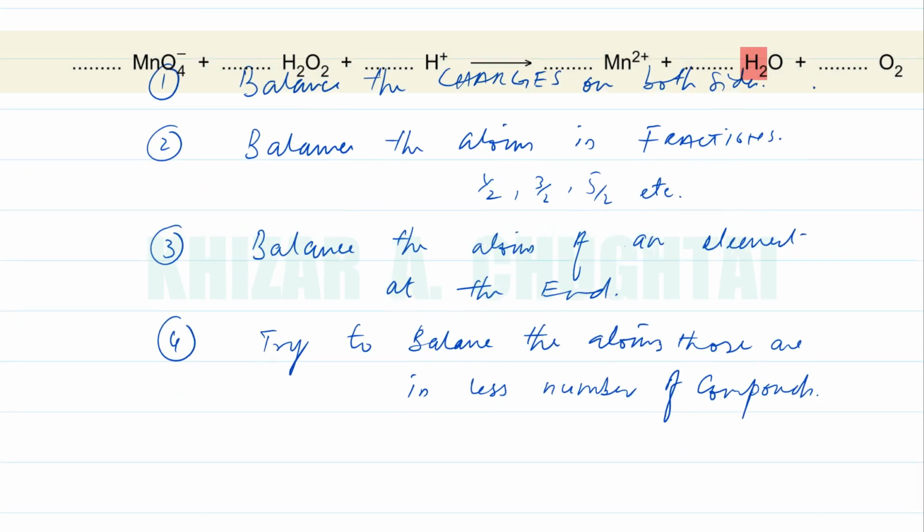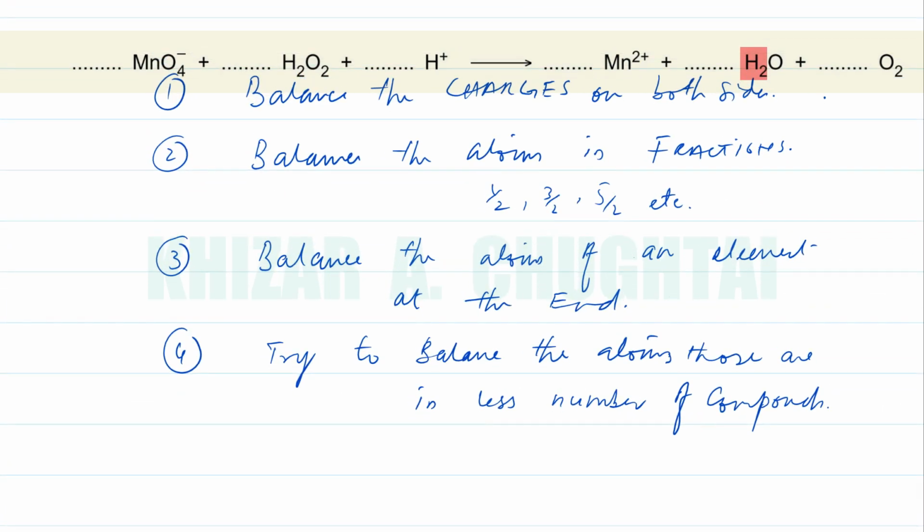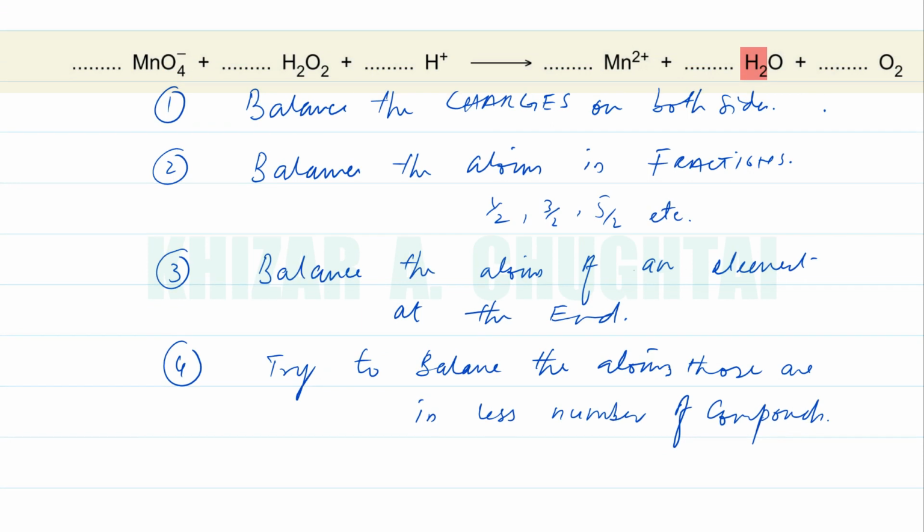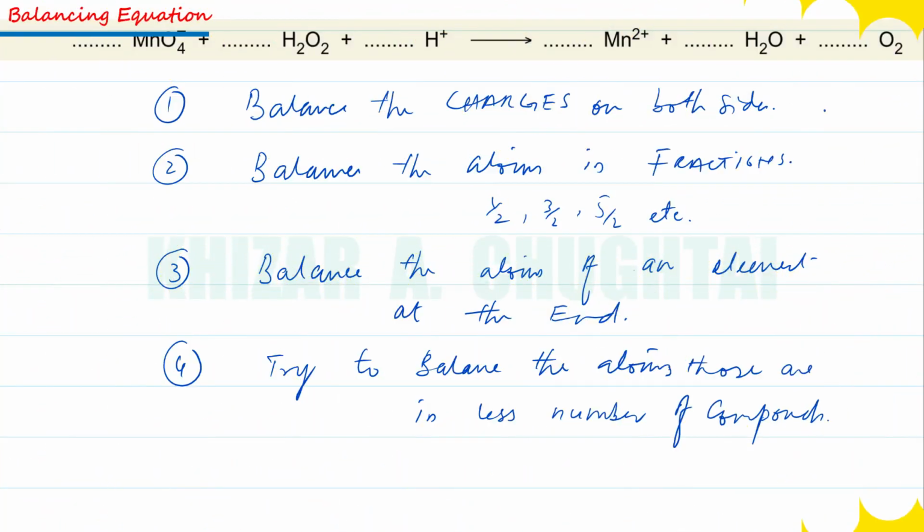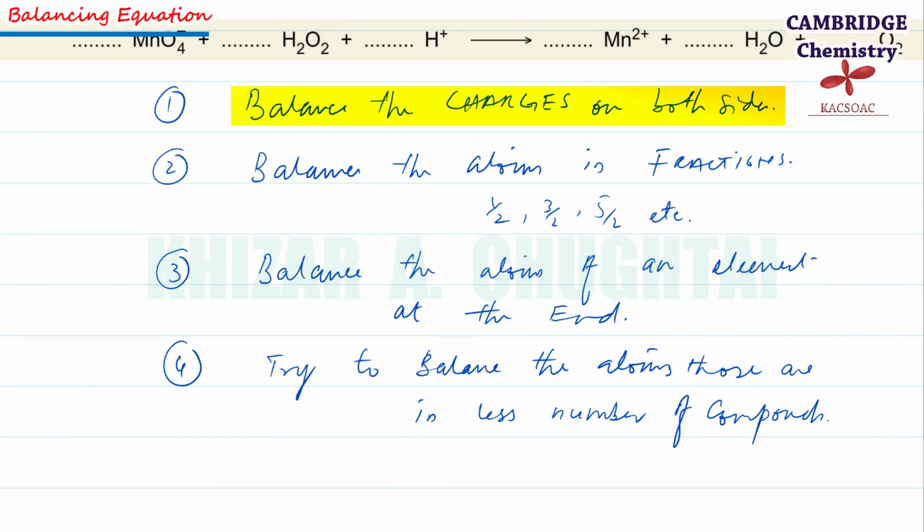So this is a very simple method that can be used to balance any sort of chemical equation from O-level chemistry, AS chemistry, and A2 chemistry as well. Once again, the first step is to balance the charges on both sides. The second step is to balance the atoms in fractions.